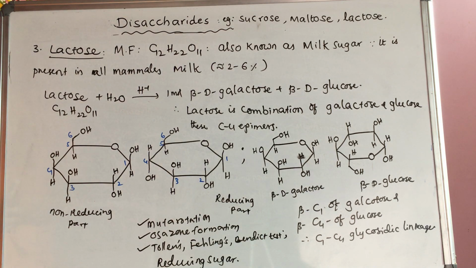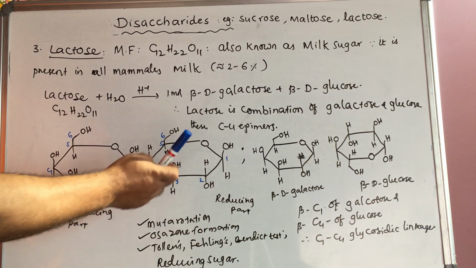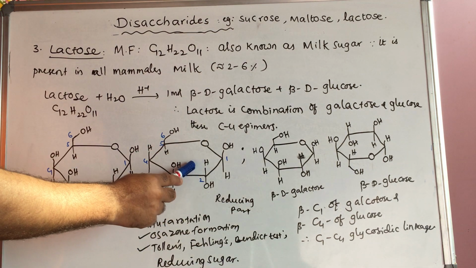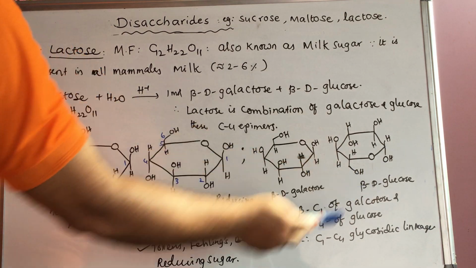So we already know the glucose structure, but we don't know the galactose structure. If you consider it, only the C4 configuration should be different compared with the alpha and beta D glucose forms we already discussed. So this is beta D glucose. This beta D glucose form I already represented here.